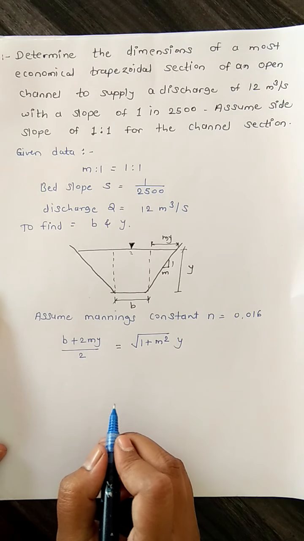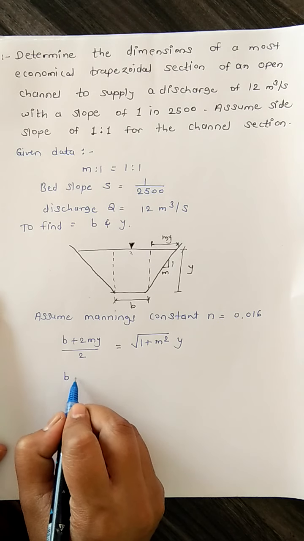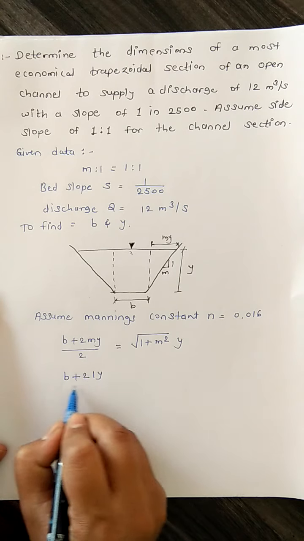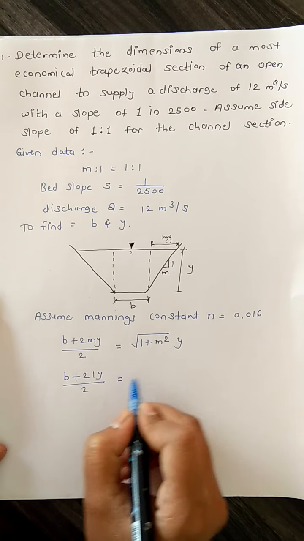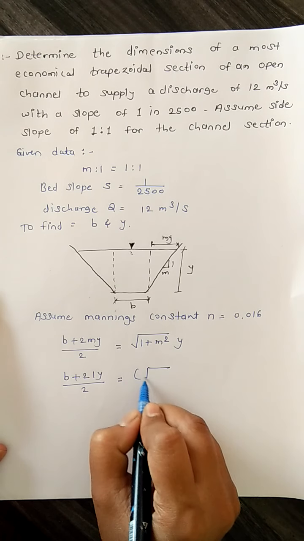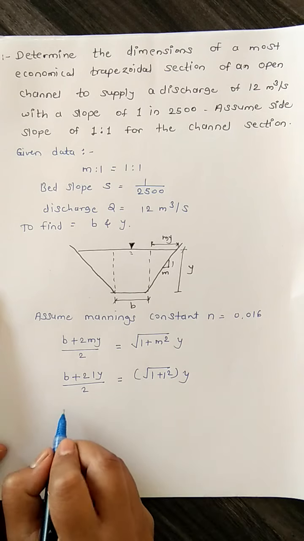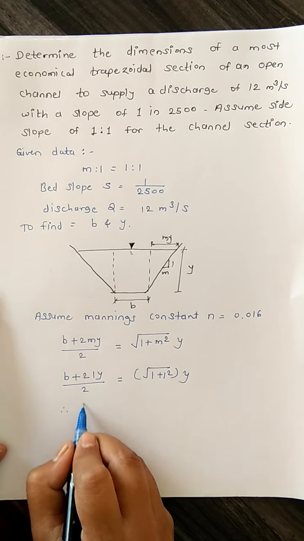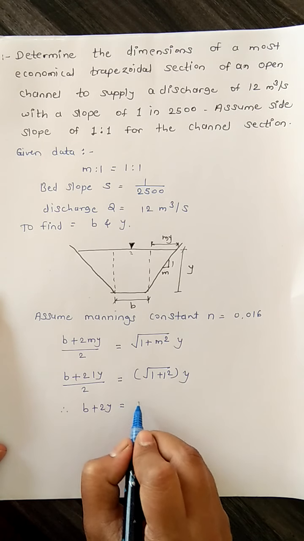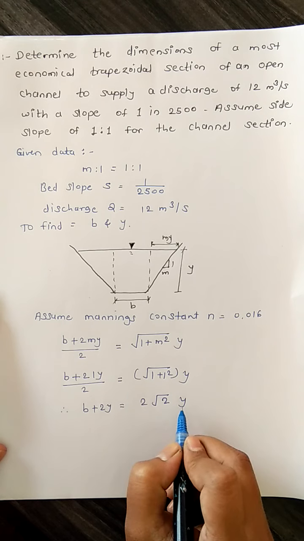Okay, so we put the values in this equation. B plus 2, m is nothing but 1, into y divided by 2, which is equal to under root 1 plus 1 square into y. So hence we get b plus 2y, which is equal to 2 into under root 2 into y.